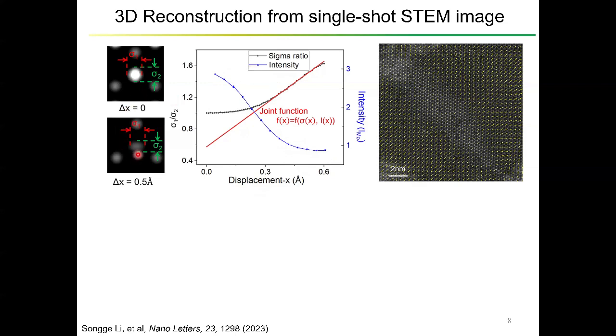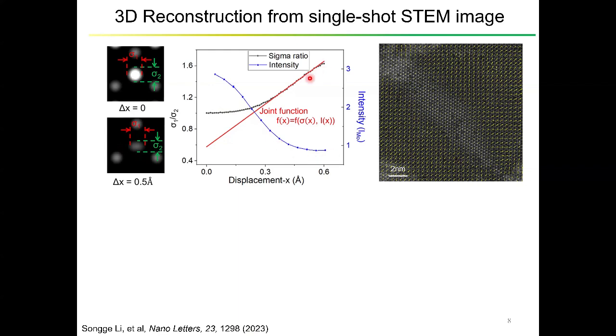However, if the two atoms are separated a lot, then the projected shape of the selenium-2 column will change from a round shape to an ellipse shape, so that we can use this shape change to compensate for the intensity saturation.